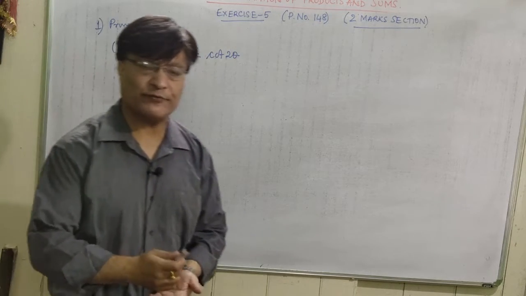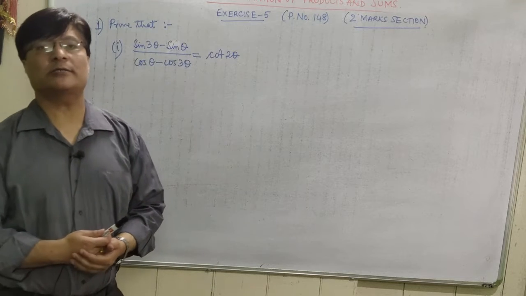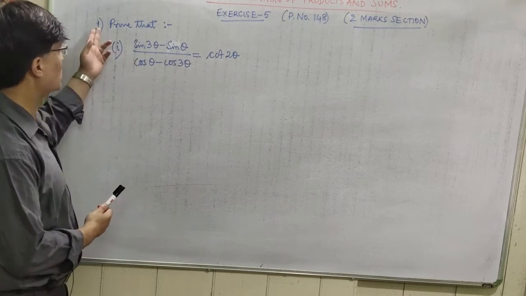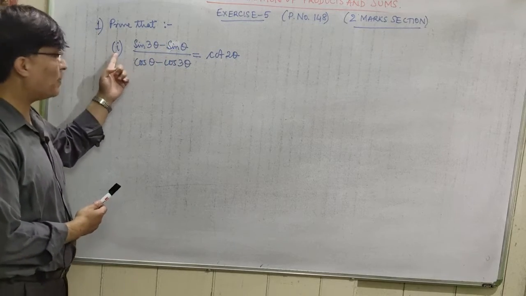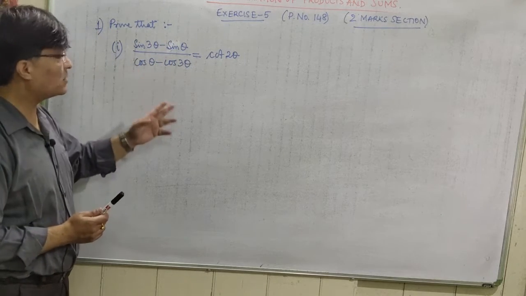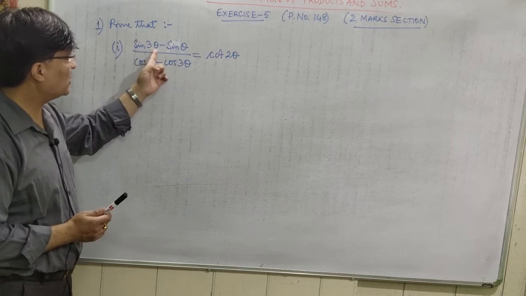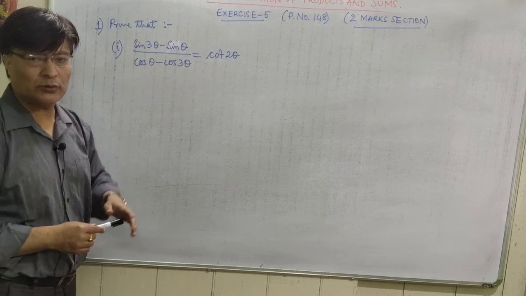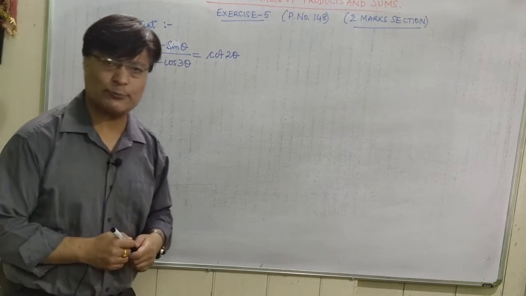This is from the 2 mark section from the book Higher Mathematics for Class 11 by S N De. Prove that, sub part number 1: sin 3 theta minus sin theta divided by cos theta minus cos 3 theta is equal to cot 2 theta. So let us prove it.